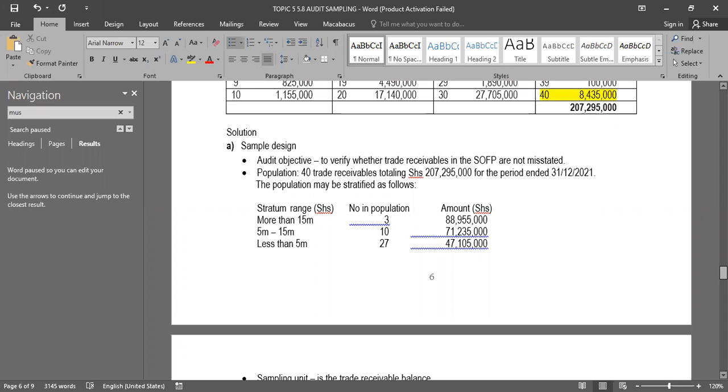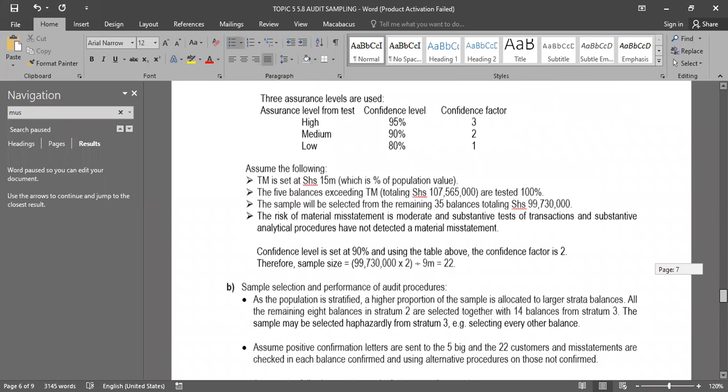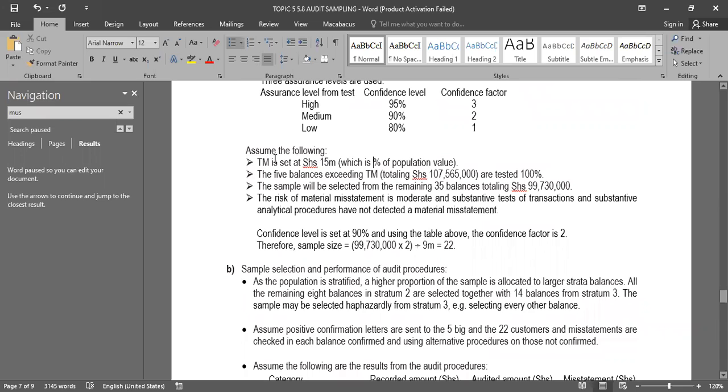So I'll use those. I'll say the 3 balances instead, not 5, the 3 balances exceeding my tolerable misstatement of 15M.